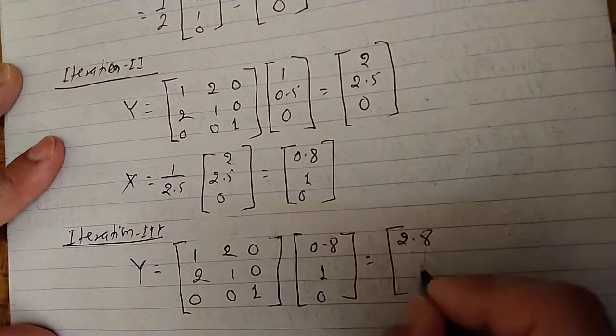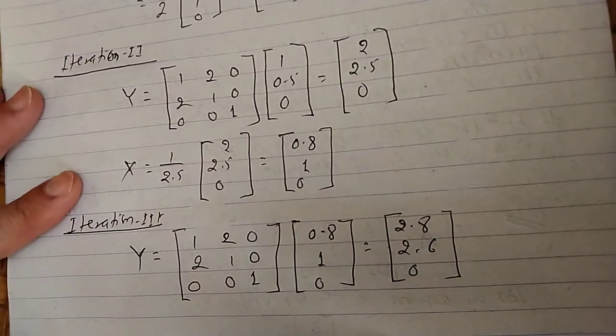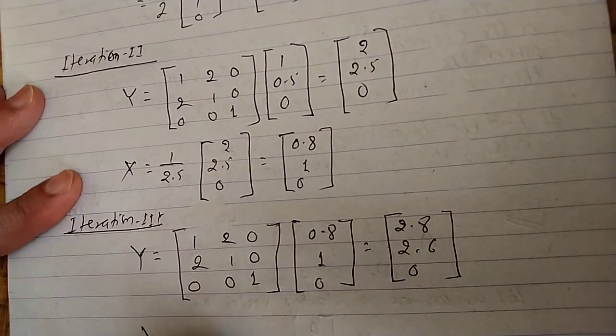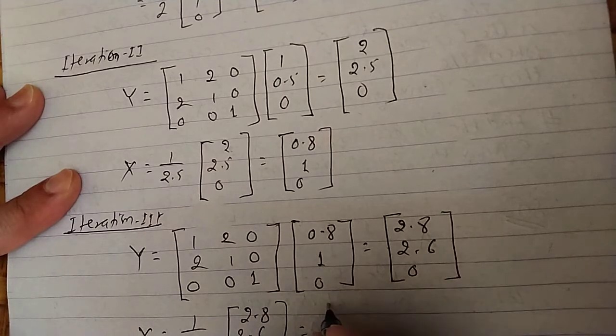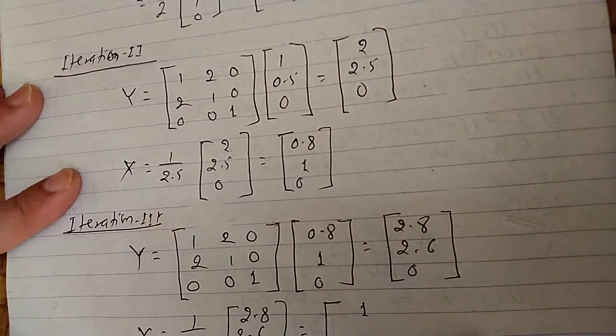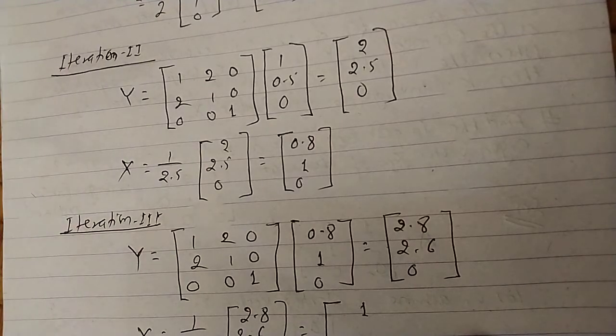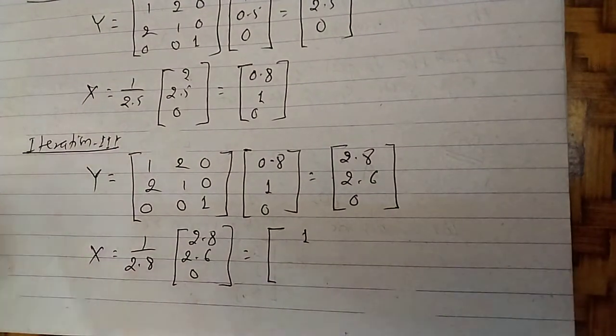So 2.8, 2.6, 0. So x will be 1 by 2.8, we have to do. So 2.8, 2.6, 0, what comes? On top it is 1. What does this become? Just tell me the value of 2.6 divided by 2.8.